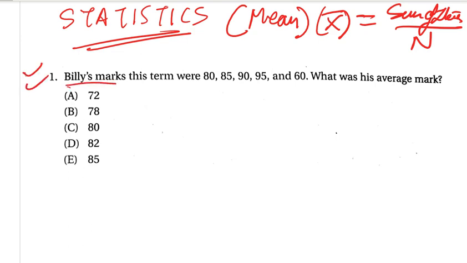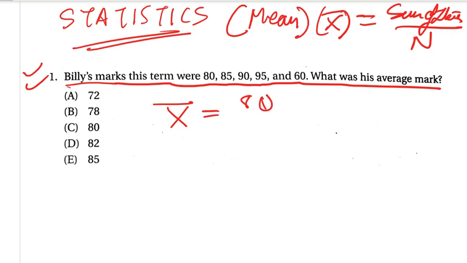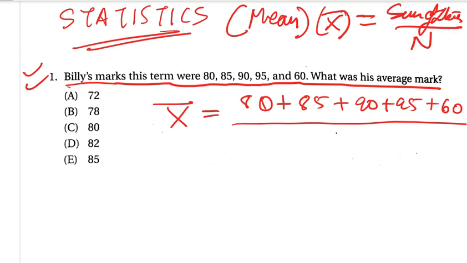It says Billy's marks this term were 80, 85, 90, 95, 60. What is his average marks? Simple, they're telling you to find x bar. So that is 80 plus 85 plus 90 plus 95 plus 60, divided by how many numbers are there? 1, 2, 3, 4, 5 of them.